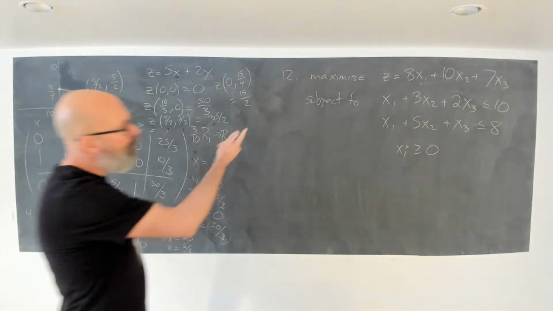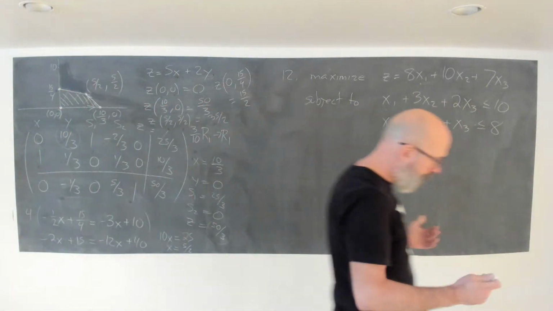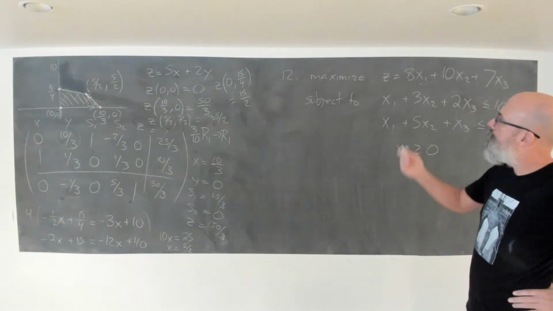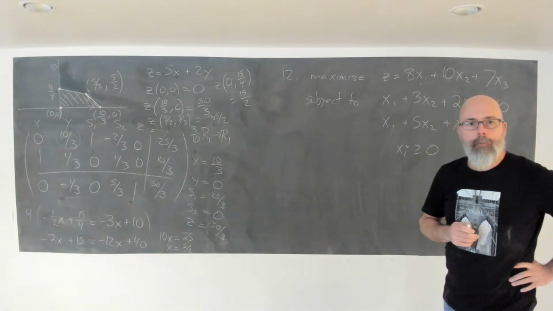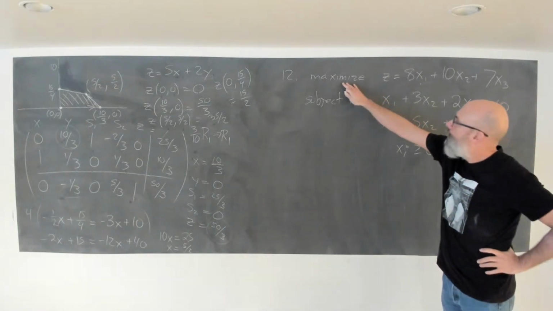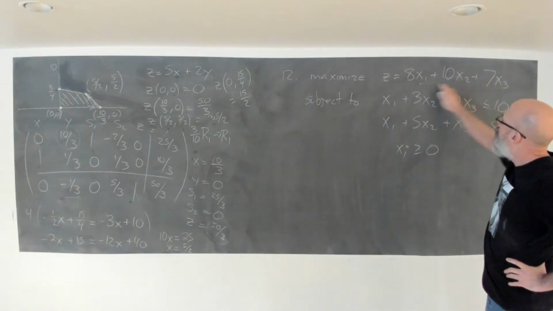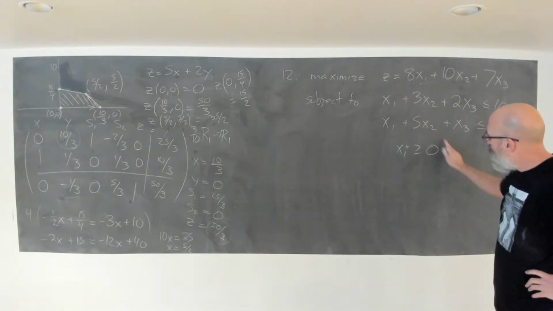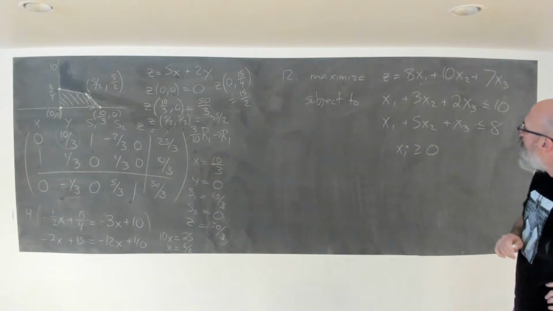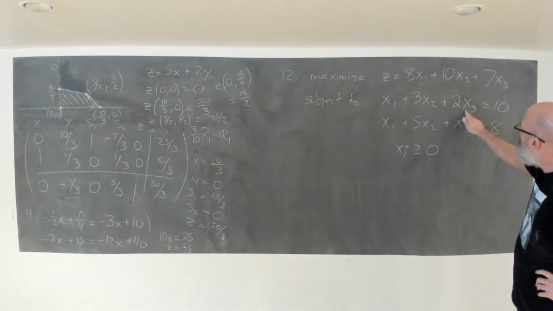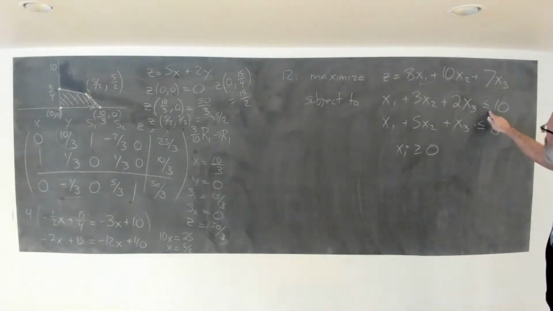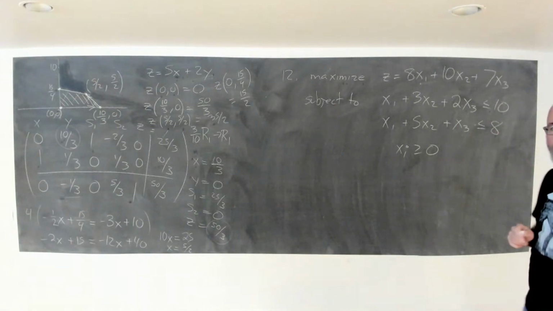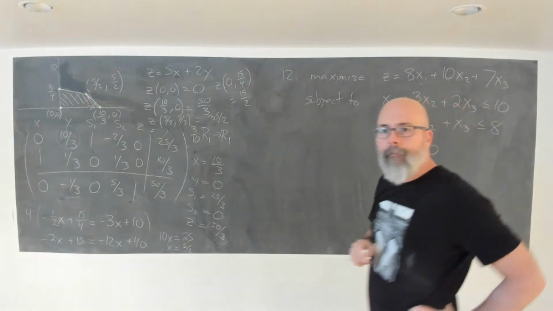First of all, observe that this linear programming question is in standard maximum form, right? The function needs to be maximized. The variables are non-negative, and all other constraints have a combination less than or equal to something positive, bigger than or equal to 0.